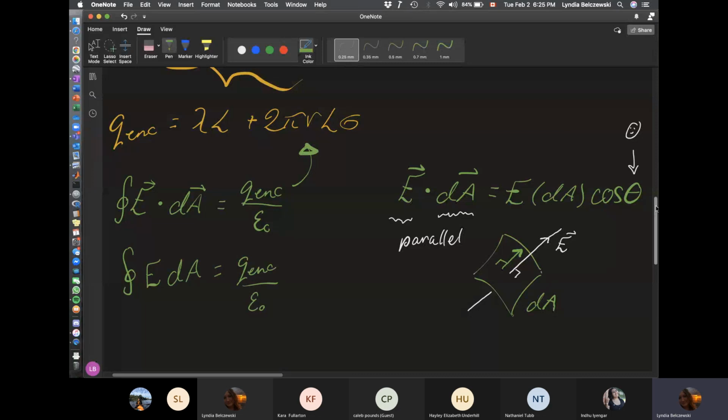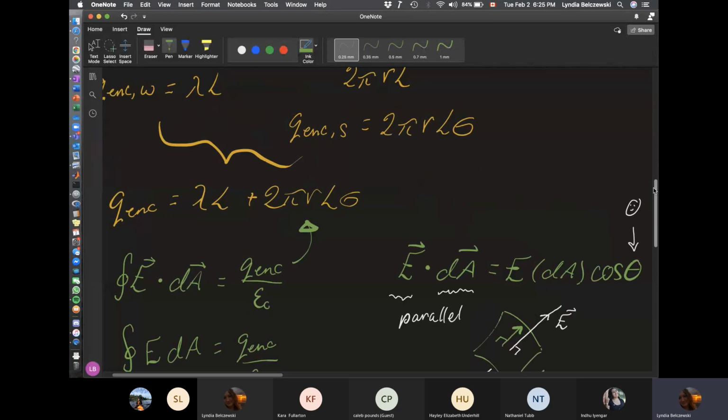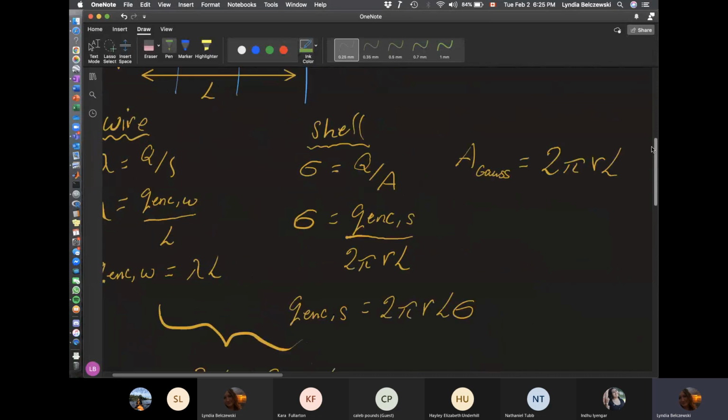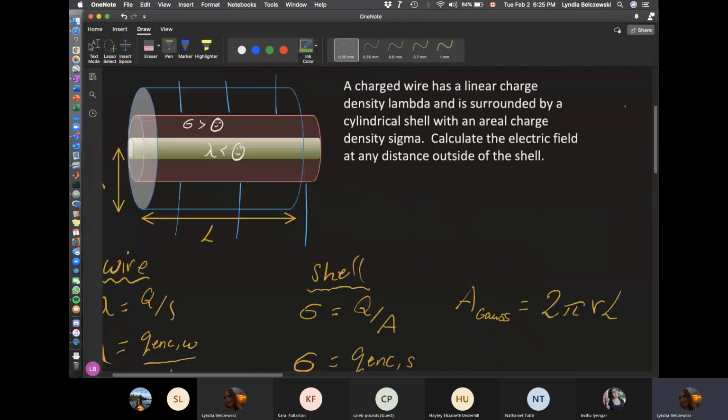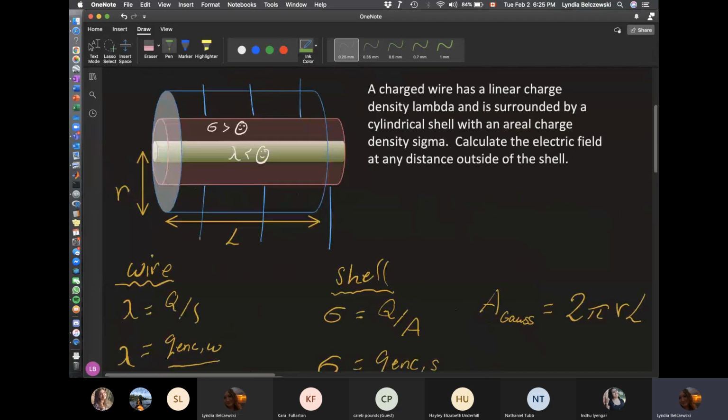Going back up to our diagram here, I've overshot it a little bit. We're saying that the electric field lines are going to come out of the cylinder and the cylindrical shell in all directions. And the Gaussian surface is going around the cylindrical shell.